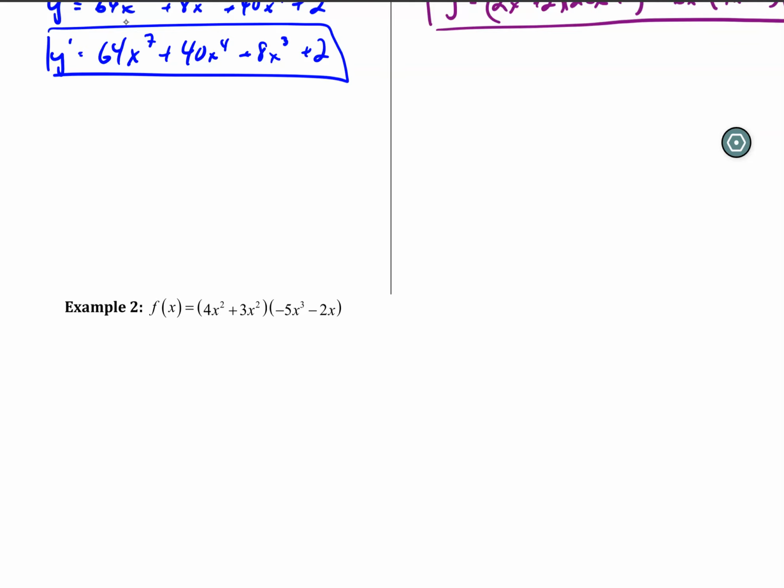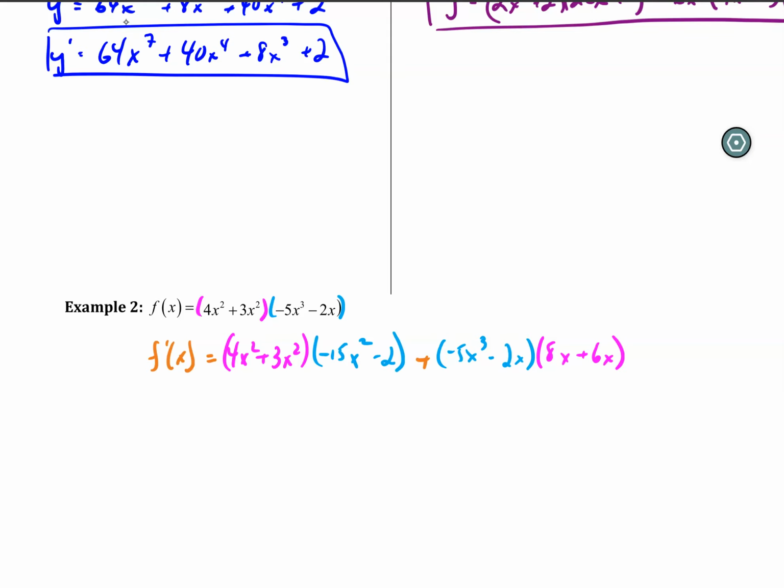I'll call this the pink one, and we'll call this the blue one. f prime of x is going to equal the first term, so copy the first, times the derivative of the second, plus copy the second, times the derivative of the first.